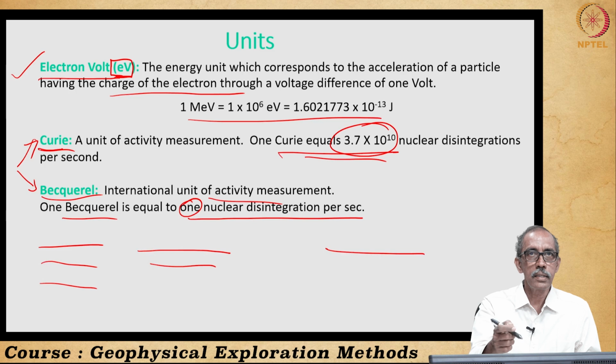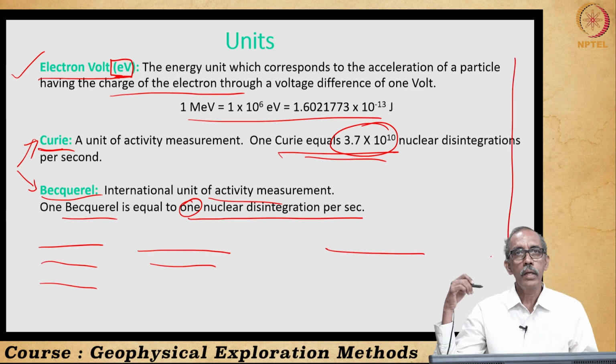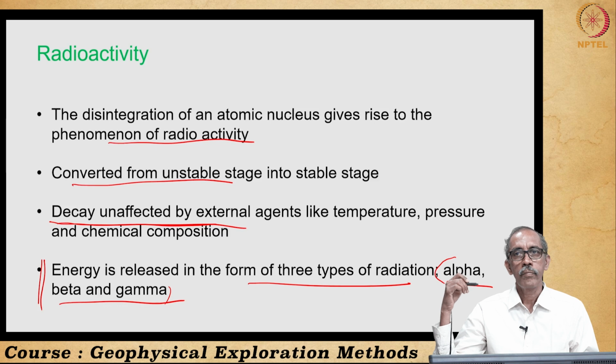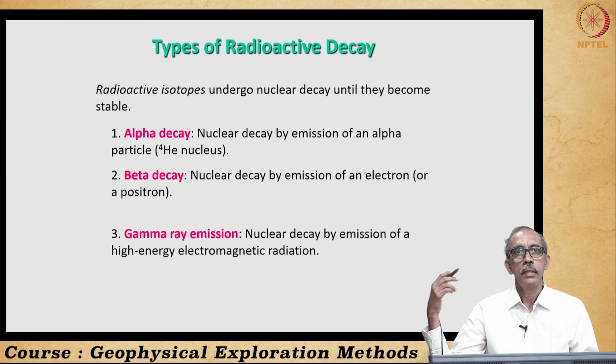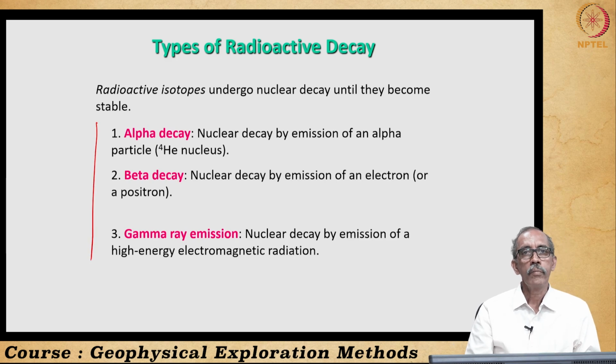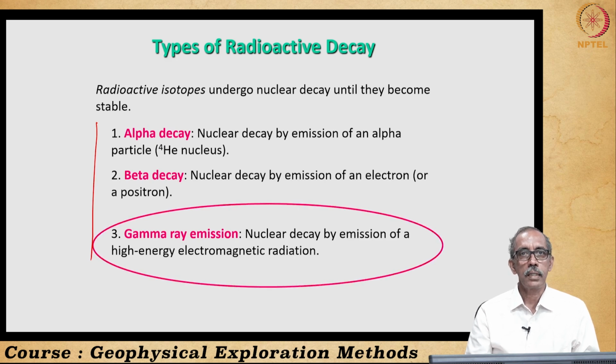The energy that is received is going to be measured by one of these units. So, the energy that is released is going to be measured in radioactive methods. These are the three ways of disintegration, that is alpha, beta, gamma are the three types of emission that take place during the disintegration, right.